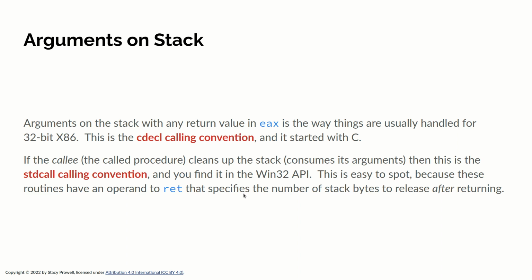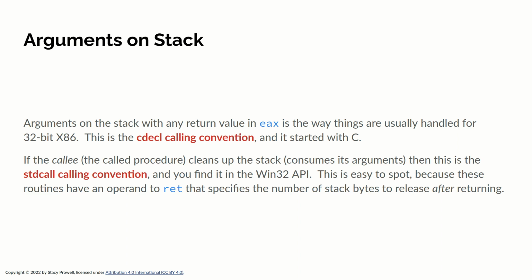Now, I'm going to use the words callee and caller. I'm going to try to enunciate them clearly. The caller is the one who has the call instruction and calls out to another subroutine. The callee is that subroutine. If the callee is responsible for cleaning up the stack, this turns out to be a special version of the CDECL calling convention called the standard call calling convention, and it's all over the Win32 API.